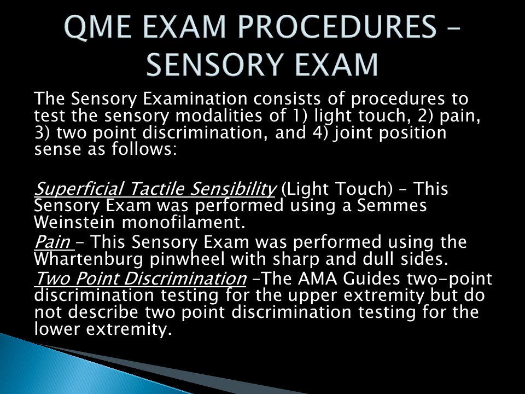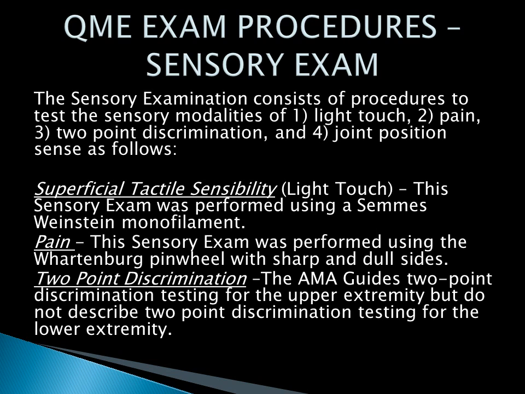We have the capacity to test for vibration, but at least to the extent that's required by the AMA guides, we focus first on light touch, also on pain secondarily, and then in certain circumstances we focus on two-point discrimination, specifically and especially as it relates to the upper extremities.